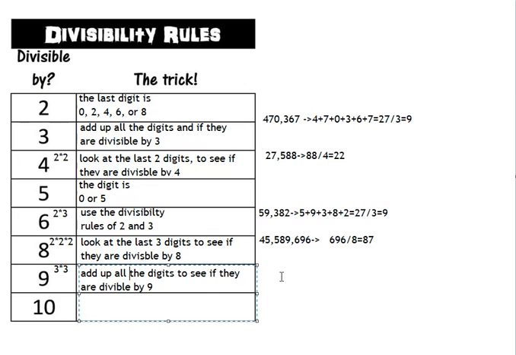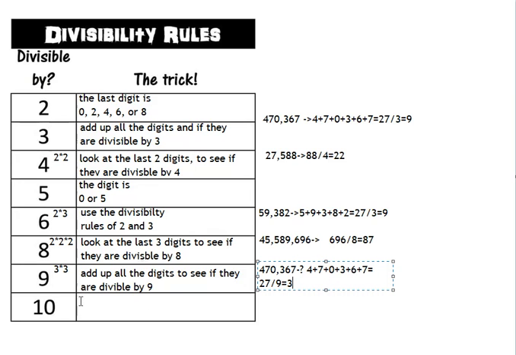So if you look at the number I gave for 3, which was 27,588, well, when you added them up, oh, wrong one, sorry. The one for 3 was 470,367. Well, when you added them up, you got 4 plus 7 plus 0 plus 3 plus 6 plus 7, and that equaled 27. Well, 27 divided by 9 is 3. So that means it's also divisible by 9, okay?